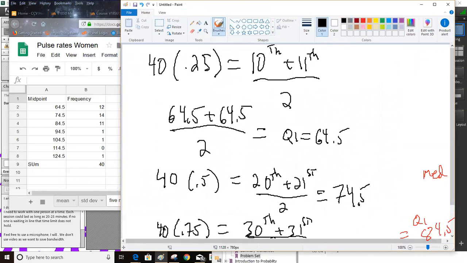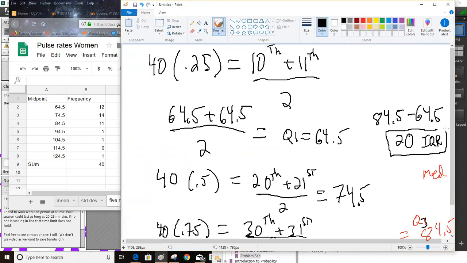Well, I see I wrote Q3 here. So 84.5 is Q3, 64.5 is Q1. That difference is 20. So that's the IQR. Okay, so hopefully that helps you do these kinds of problems.